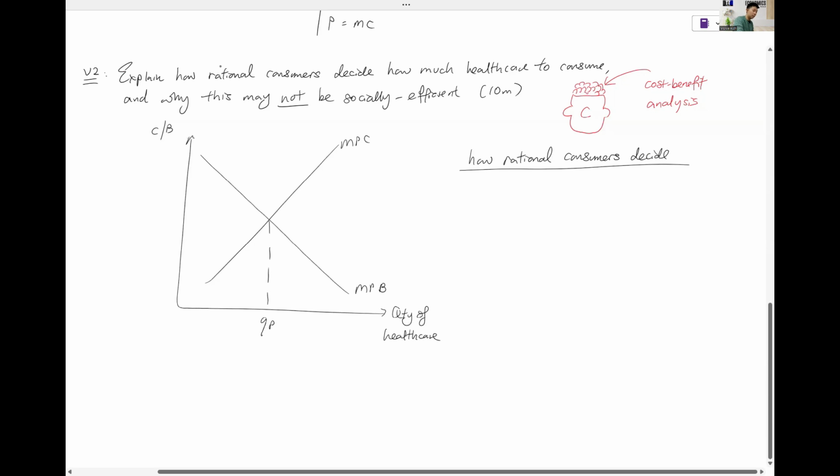Okay. Same as before, the aim is to maximize consumer surplus, satisfaction, net benefit, choose one. This is the goal, right? And what do I do? Q1, Q2. I will explain what happens.